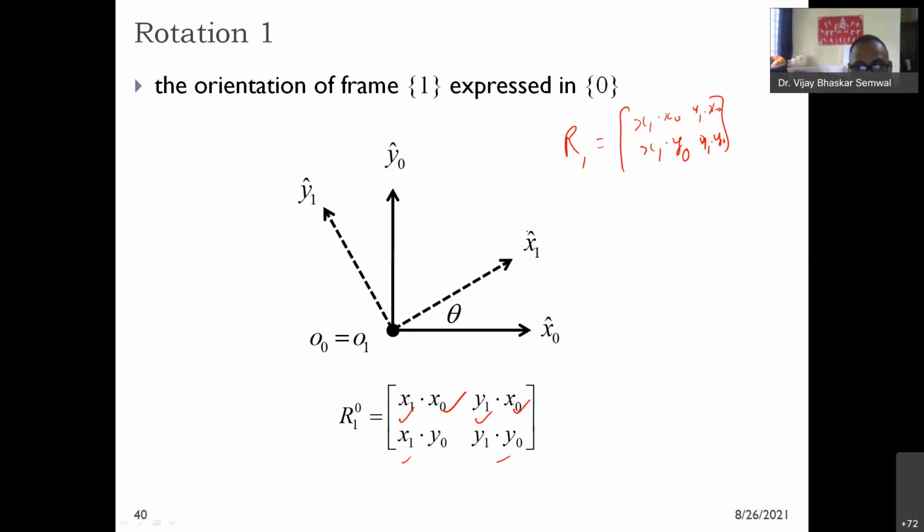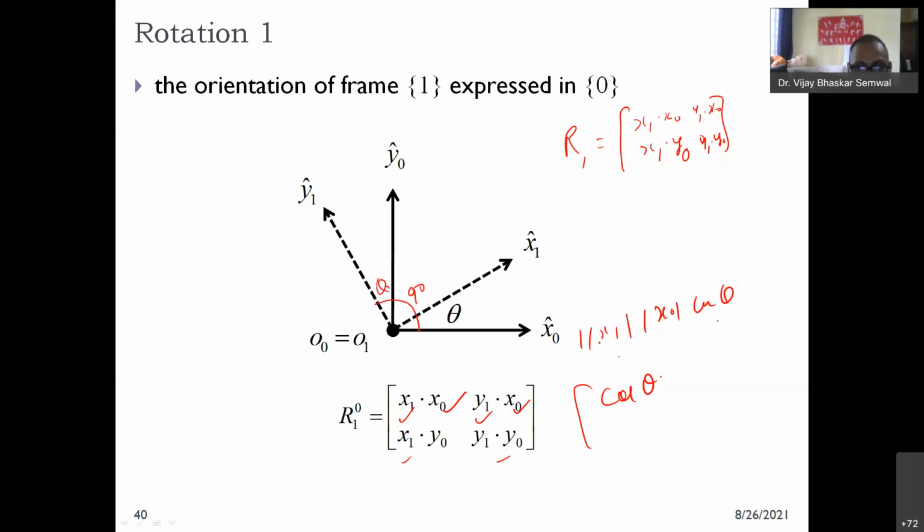All are unit vectors. Cap is there. So what will it be? Modulus of X1, modulus of X naught, and cos theta. Since those are 1, this value is represented by cos theta. What is the value between Y1 and X naught? This is 90 plus this angle theta.